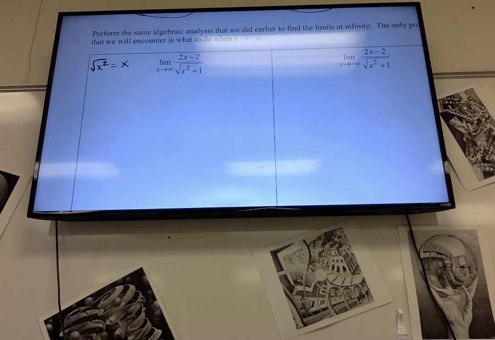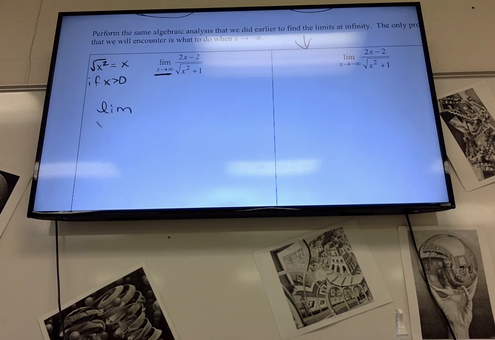So since I'm approaching positive infinity, I'm doing the positive x, because x is greater than 0. Over here, on this one, I'm going to do negative infinity, so I'll plug in negative x. You'll divide by -x.